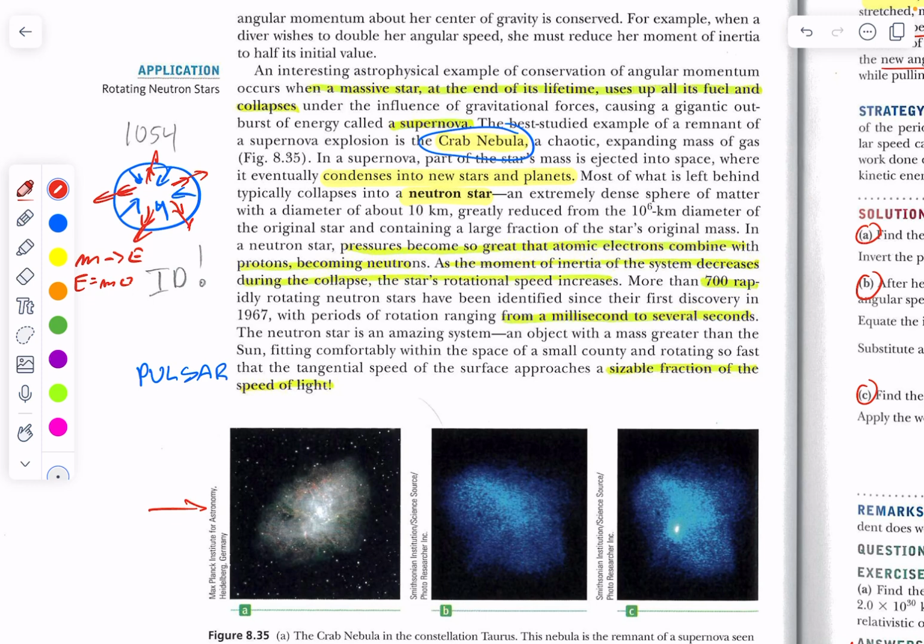Some of these stars, when they rotate, actually give off a pulse of energy in a certain direction. And as it spins, if it's in the same plane with us on the Earth, we see that beacon of light being shot out from that rotating star, and it's called a pulsar, a pulsating star.